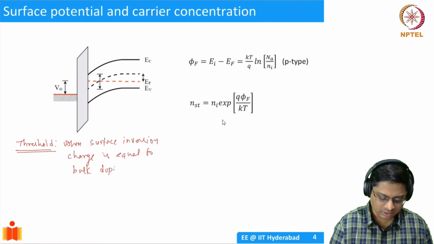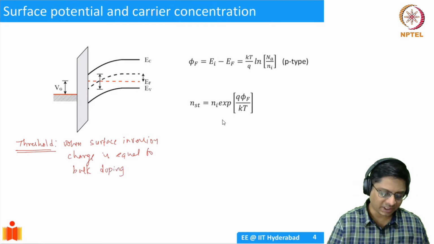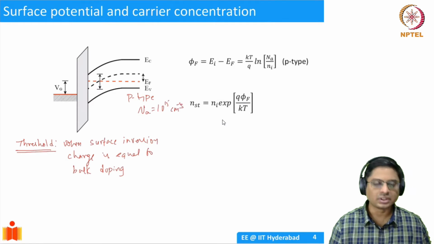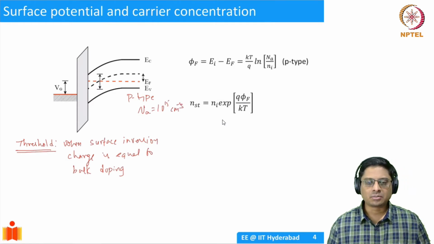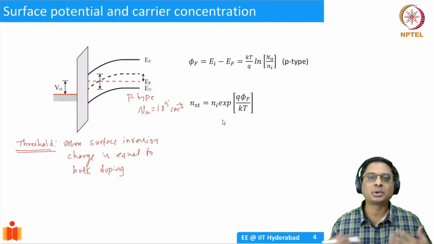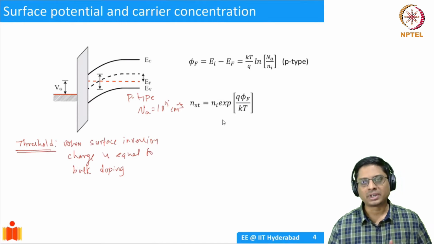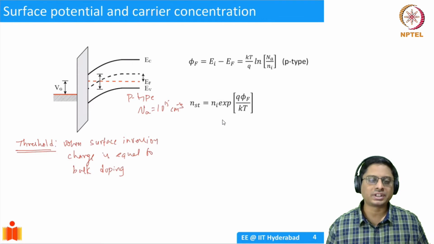So in this case we are using a p-type semiconductor. Let's say Na is equal to 10 power 15 per centimeter cube. You have that much bulk doping, and by applying a gate voltage, I am switching at the interface and getting the same amount of electrons. In the bulk we have the holes, but I get the same number of electrons at the interface. That gate voltage I'll call the threshold voltage.